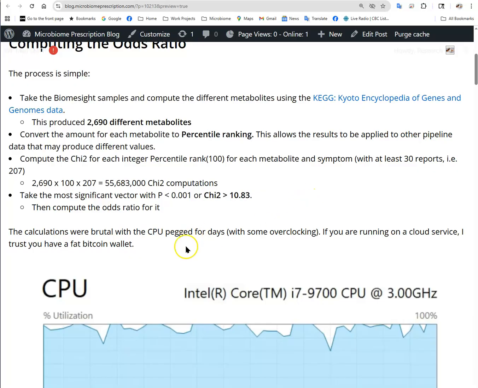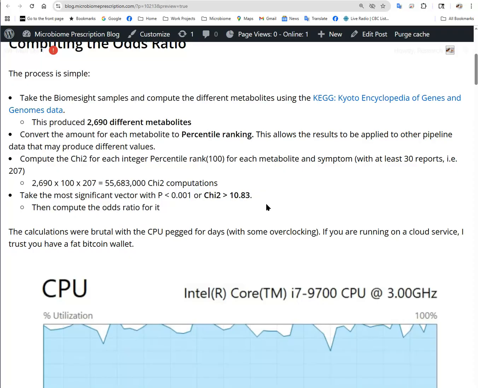We look for the best odds, and what we end up with is 55 million computations. Those computations mean we have to locate the data, download it, put it into our array, do computations, and come up with whatever the chi-square is. And for the sake of argument, I set a p of 0.001, which is a very respectable probability, translating to a chi-square of 10.83.